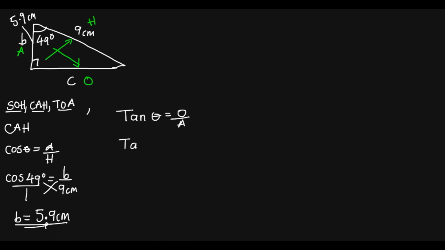So tan, the angle, what angle is that one? 49. The opposite is the C. The adjacent is 5.9. So over 1 we cross multiply. 1 times C is C. So tan 49 times the 5.9. So I'm getting about 6.787.